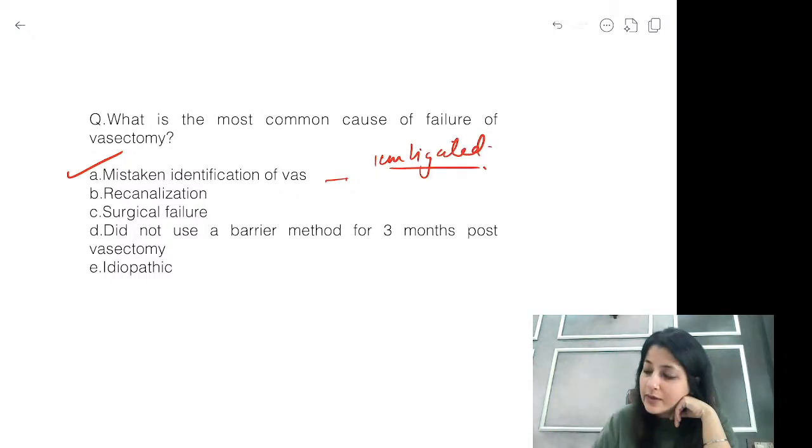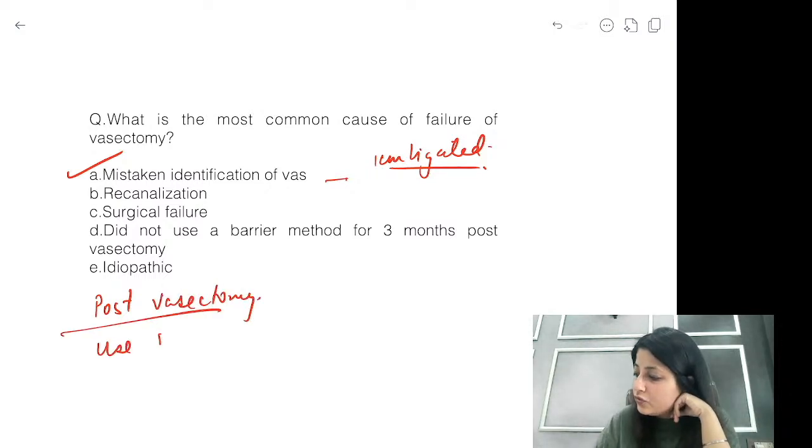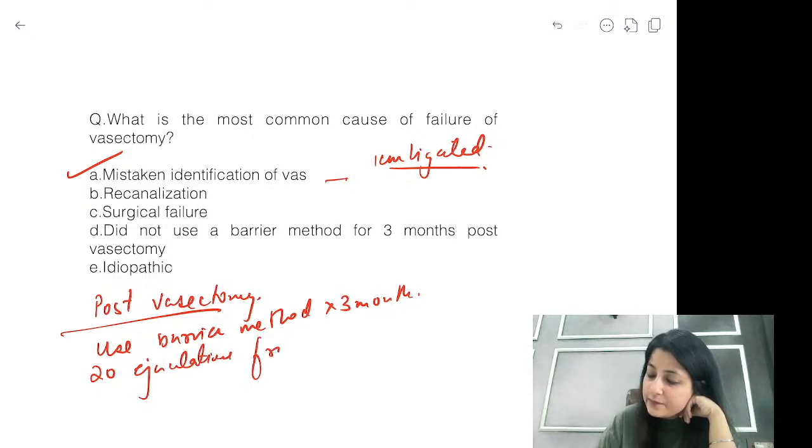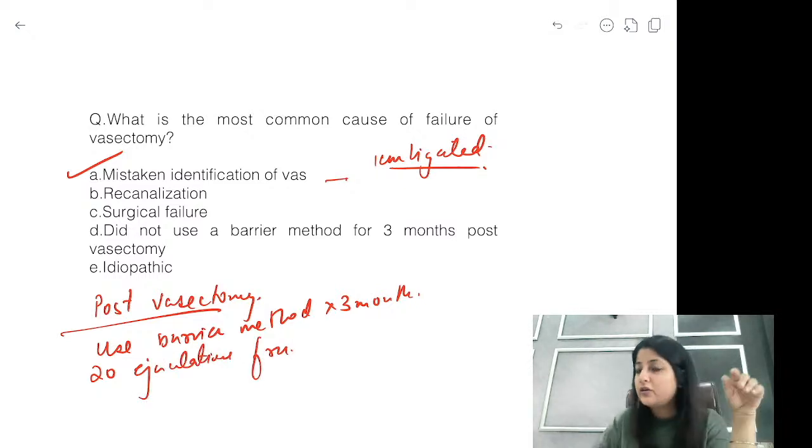And what is the advice you will give post vasectomy? To use barrier method. Use barrier method for 3 months, or 20 ejaculations free. Please don't say 30, 20 ejaculations free.